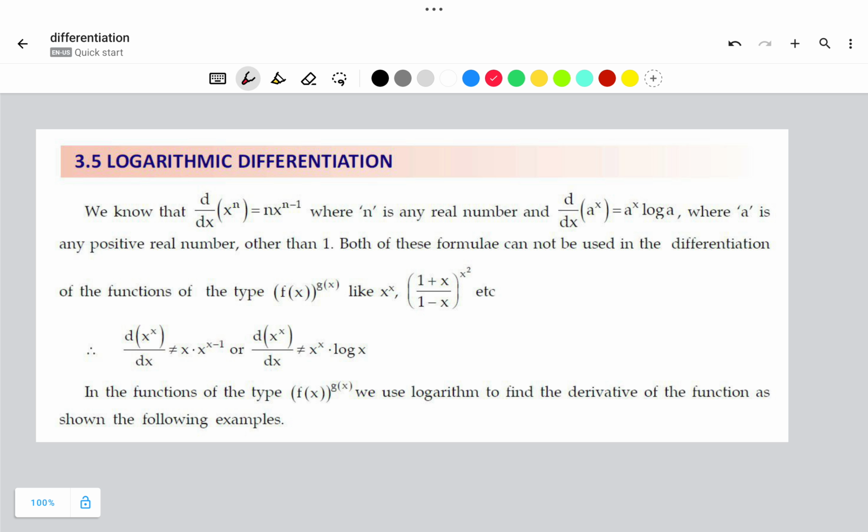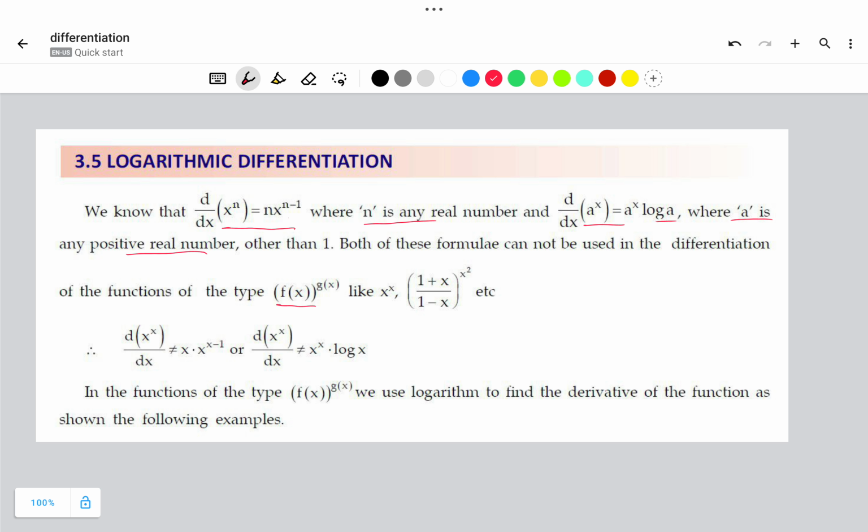As we know, if we have a function with the power x to the power n, then its derivative is n x to the power n minus 1, where n is any real number. Also for a raised to x, the derivative is a raised to x log a, where a is a positive real number, that is, a constant. But both of these formulas cannot be used for this kind of function.